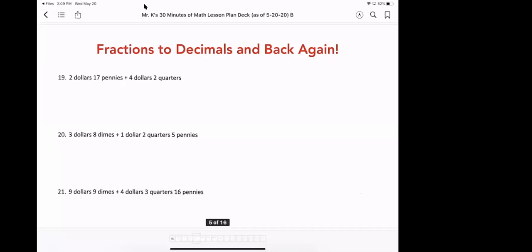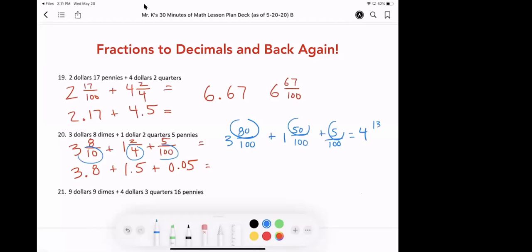I would have 3 and 80 hundredths plus 1 and 50 hundredths plus 5 hundredths, which would give me 4 ones. And then if I add up my hundredths, I'd have 135 hundredths.